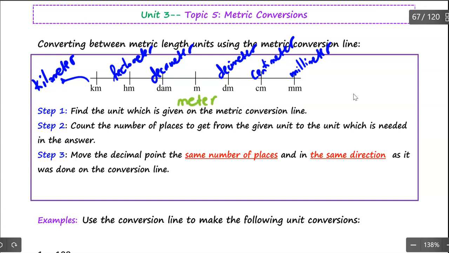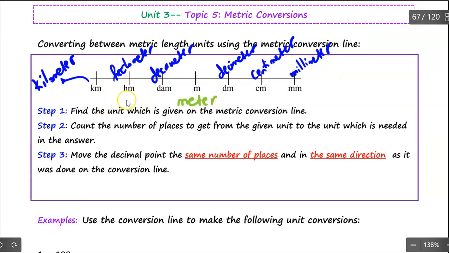There are more prefixes, and it's getting smaller here, and it's also getting bigger here. But in this lesson, we just concentrate on the process of how to convert between the units by following the number lines that we have here. Okay, so following the number of spaces that we have on this metric conversion line.